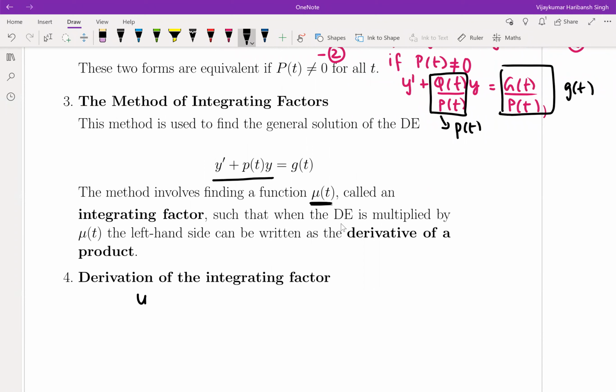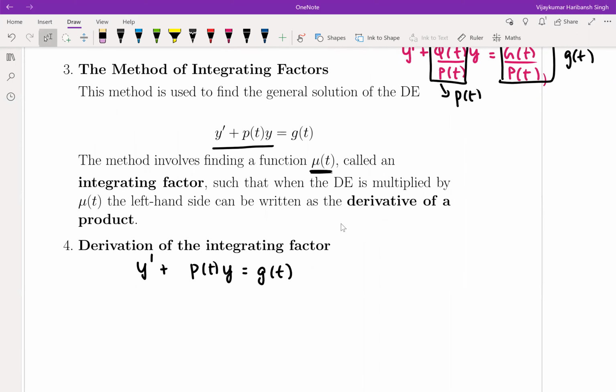So we have y prime plus p of t y equals g of t. Now we are multiplying it by an unknown function. We need to find what that function is. Multiply both sides by mu of t.